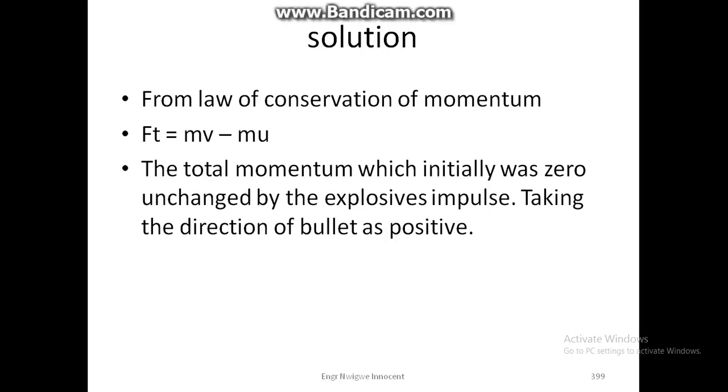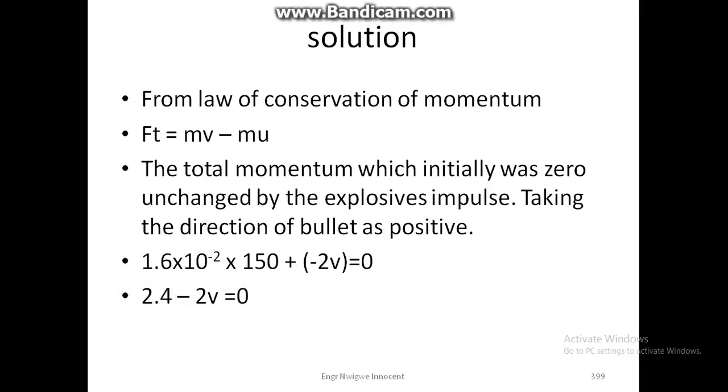Taking the direction of the bullet as positive, you have that 1.6 times 10 raised to power minus 2 times 150 plus (minus 2v) gives us 0. 2.4 minus 2v is equal to 0. V is equal to 1.2 meters per second due west.